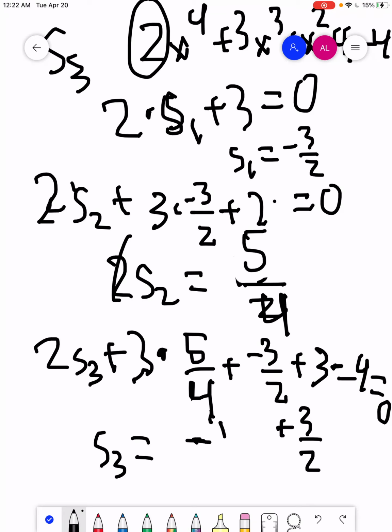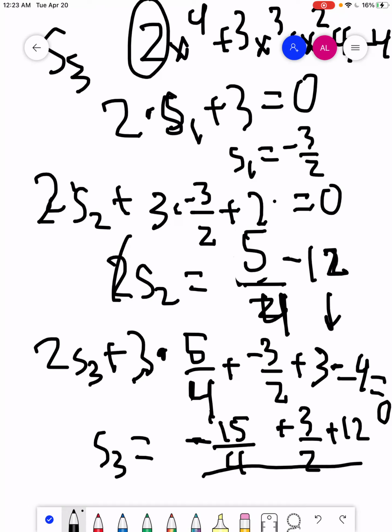Minus 15 over 4 plus 12, because 3 times negative 4 is just negative 12, over 2, and I won't simplify that here since we're pretty much out of time.